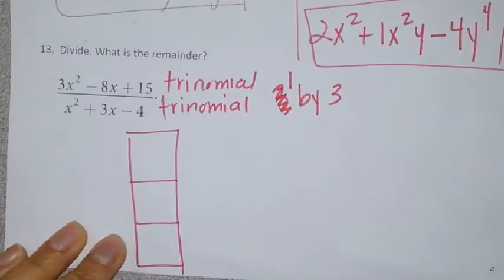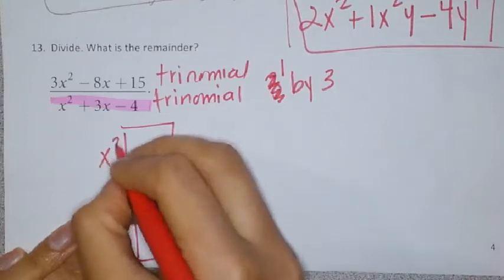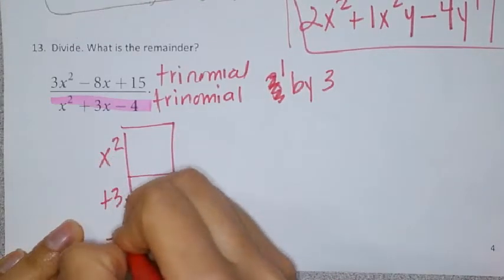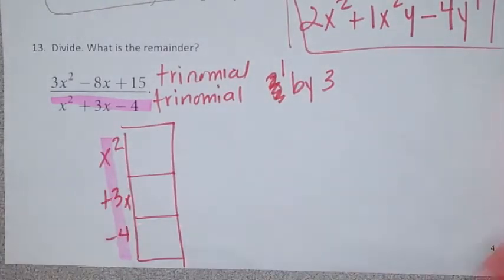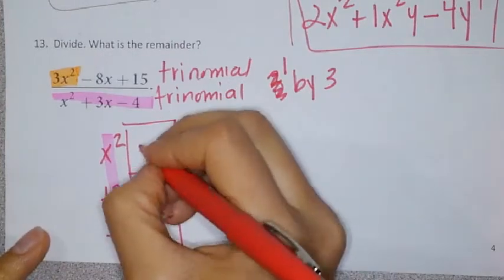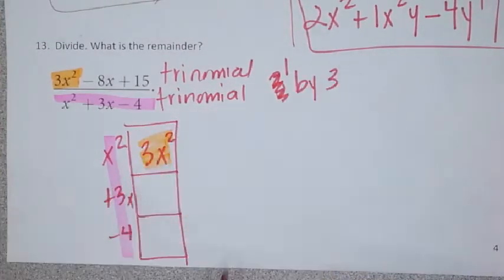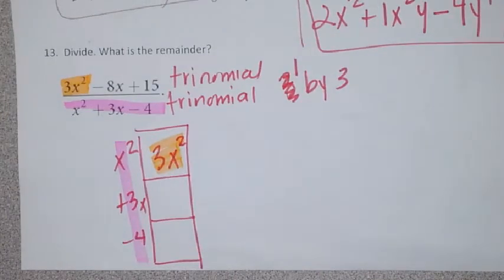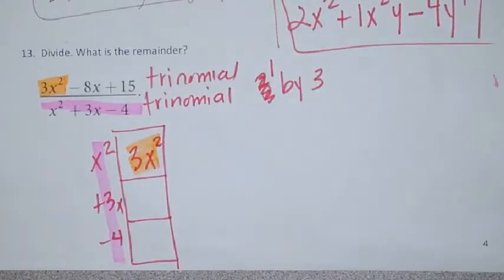Okay, my first step would be to write the denominator over here. Okay, and then the first term of the dividend right here.